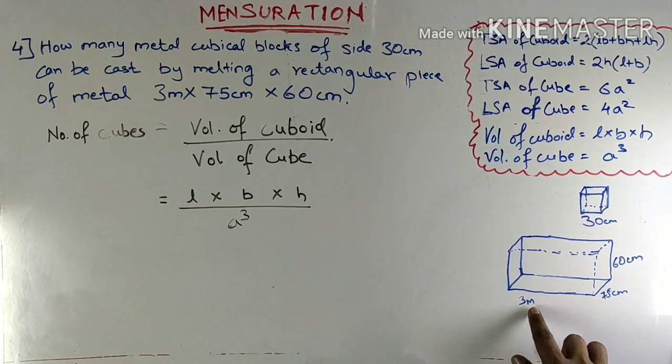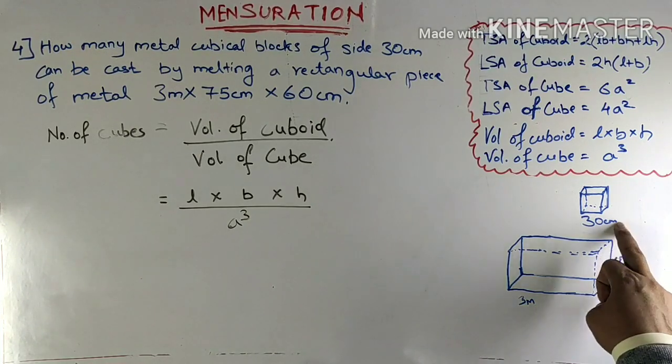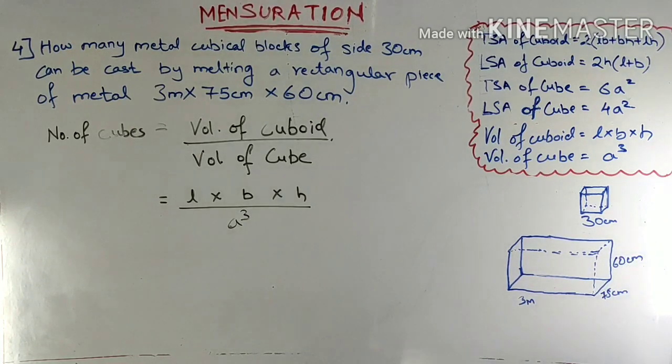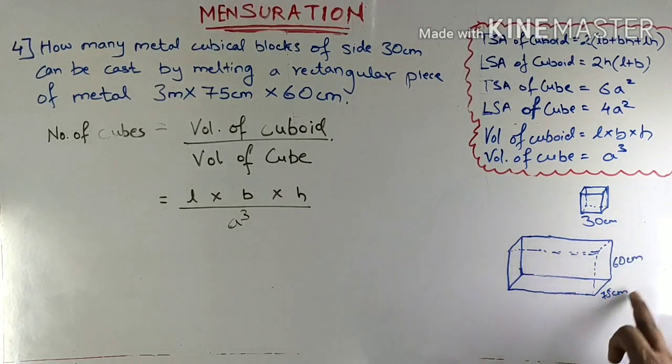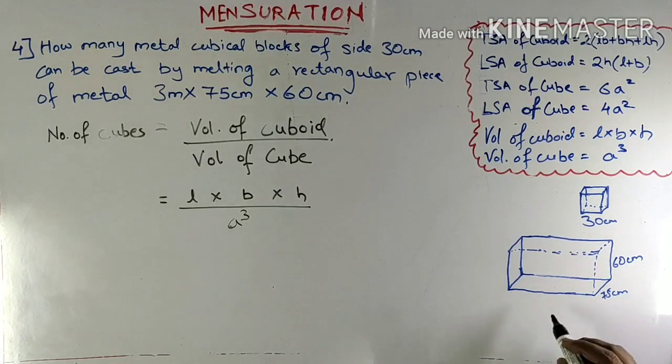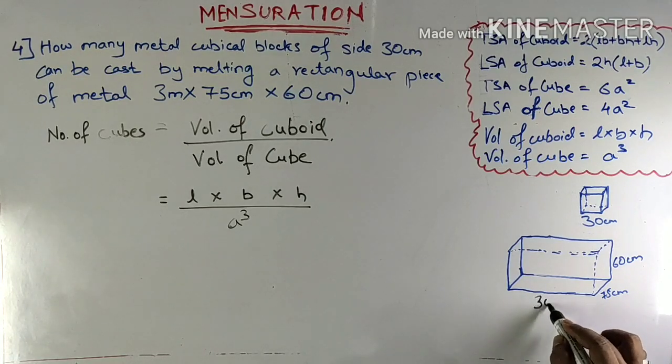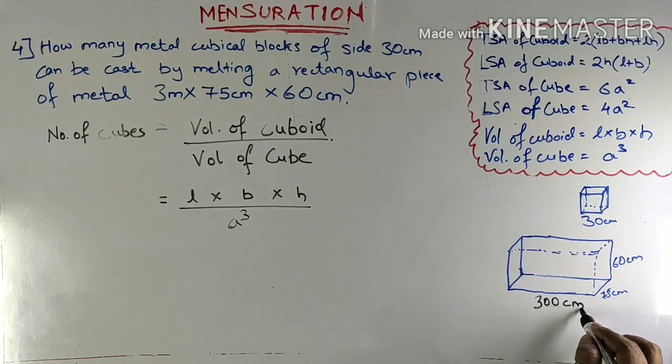If it's meter, everything should be in meters. If it's centimeter, everything should be in centimeters. In physics we call it the system of units, that is CGS and SI. Here the remaining quantities are in CGS, that is centimeter, so I'll convert that 3 meter into centimeter. 1 meter is equal to 100 centimeters, so 3 meters will be equal to 300 centimeters.